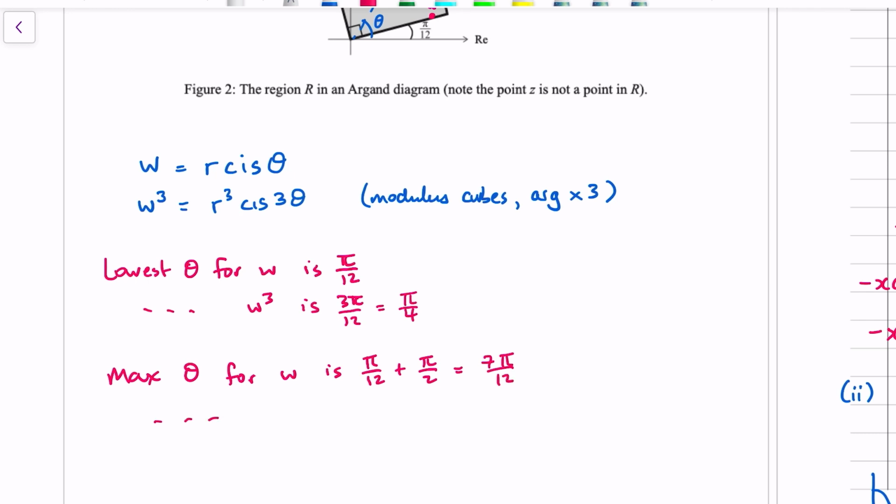Therefore the maximum value for w cubed is 21 pi over 12, and dividing both by 3 we get 7 pi over 4, which is less than 2 pi. So we don't have a problem where we have to go more than one revolution around. And then the modulus, r is less than 1, so r cubed is going to be less than r, which is less than 1.